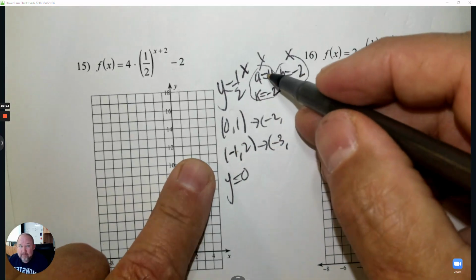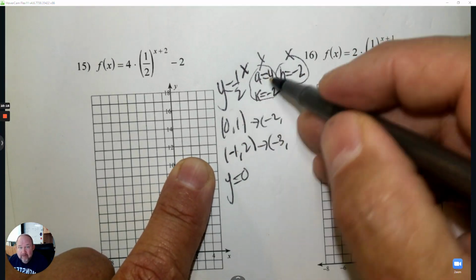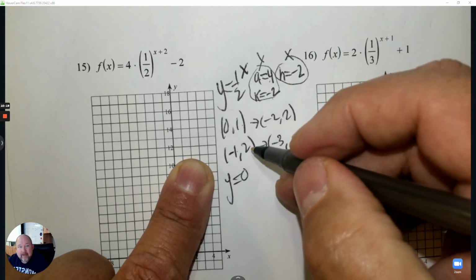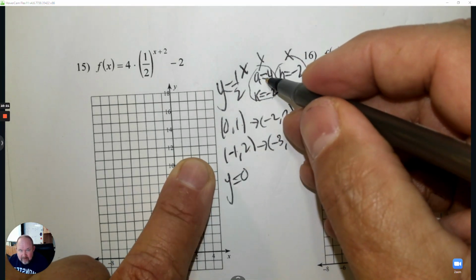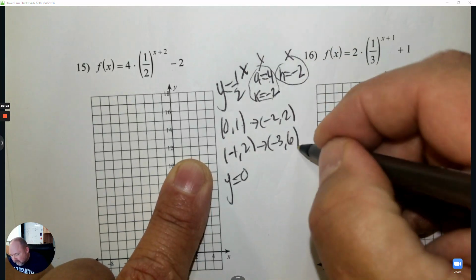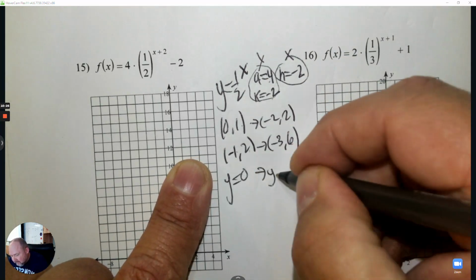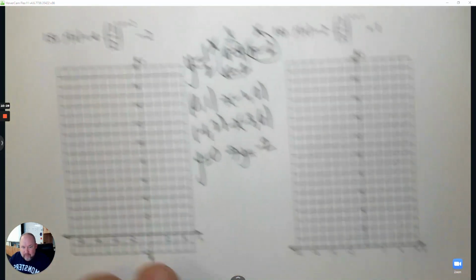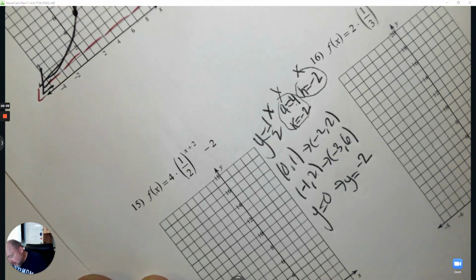To the y, I'm going to multiply and then subtract. So 1 times 4, that's 4. Take away 2. And then 2 times 4, that's 8. Take away 2, that's 6. And then whatever the k number is where my asymptote goes. So k gives me my asymptote. And now I'm going to graph this. Oh, I almost graphed on the wrong one. So negative 2.